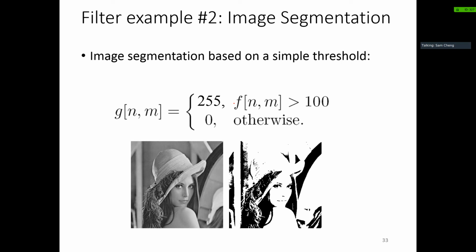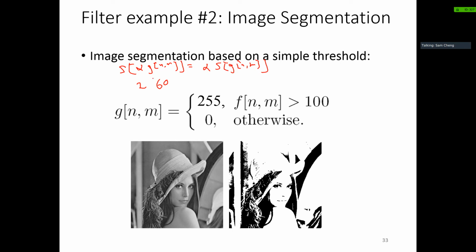Remember, for linearity, it should satisfy something like this: S of alpha times the image equals alpha times S of the image. Just consider a pixel. If I have intensity equal to 60, and I set alpha equal to 2, then on this side we get S of 120, which will be 255 because it's bigger than 100.